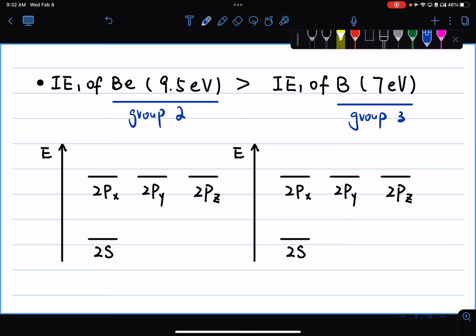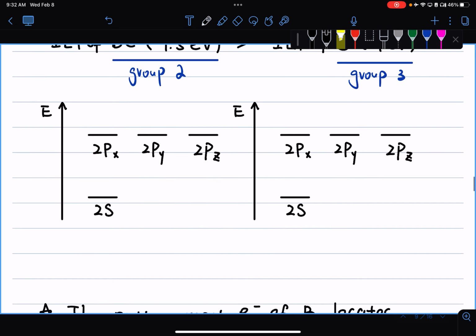And the origin of this exception in the periodic trend, you can actually rationalize by just looking at the electron configuration. So let's look at their electron configuration and the energy diagram. On the left-hand side, we have beryllium, that's helium 2s2.